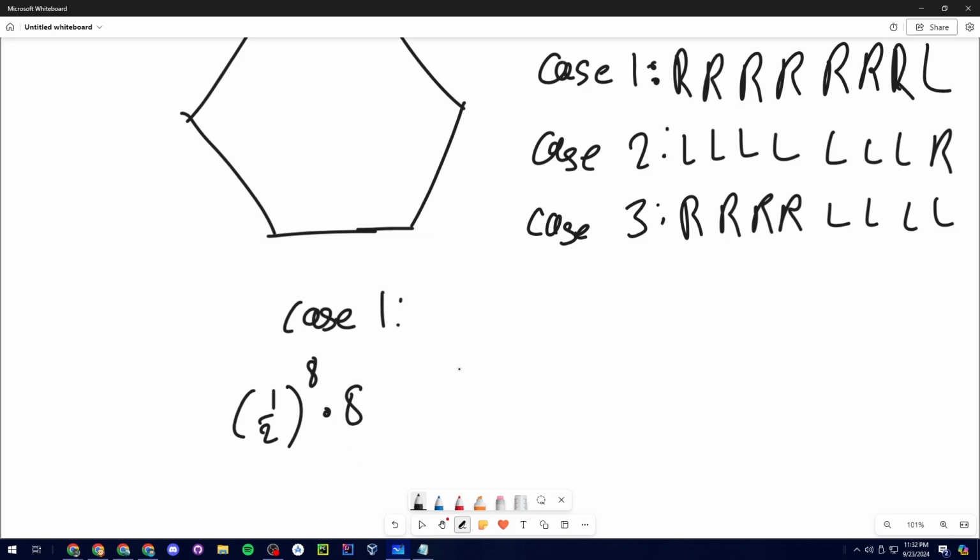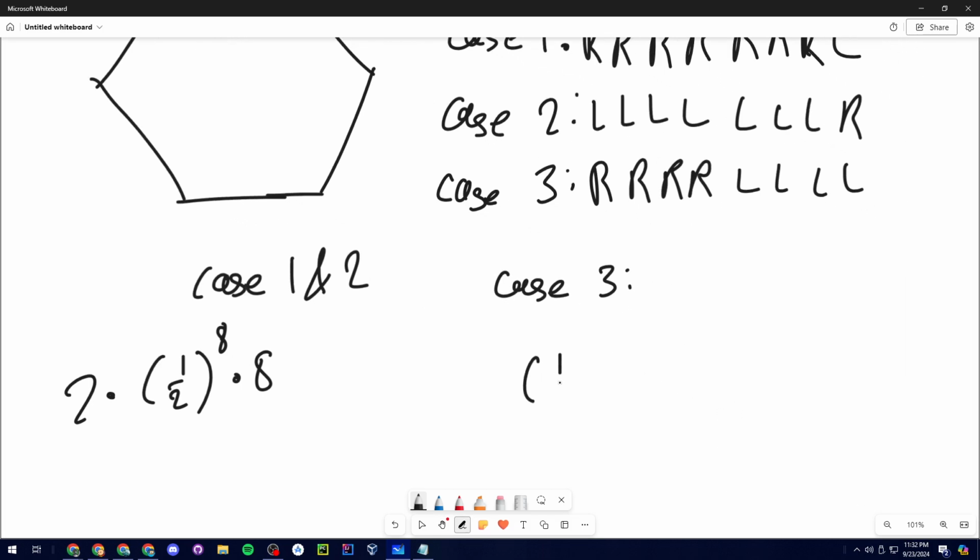Case 2 is very similar to that. In fact, it's the same thing, so I'm not even going to bother writing it out, but L's and R's are switched. We can do that because the probability is the same. I'm just going to tack on a 2, it's 2 times that, and I'm going to change this to case 1 and 2.